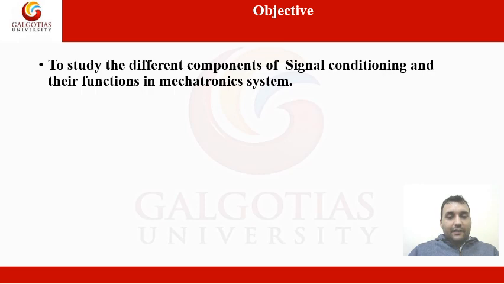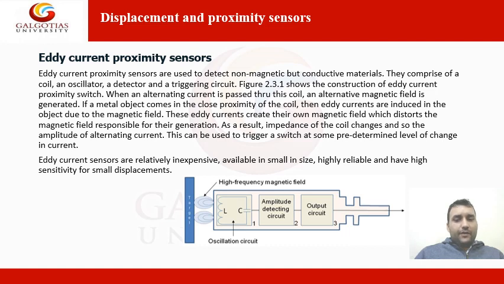In the last lecture, we discussed the various position and displacement sensors. In this lecture, we will discuss the various displacement, position, and proximity sensors, their working principle, and their application in mechatronic systems.